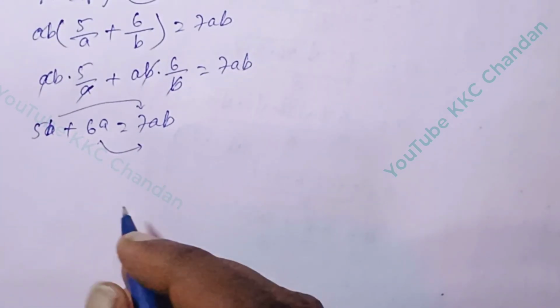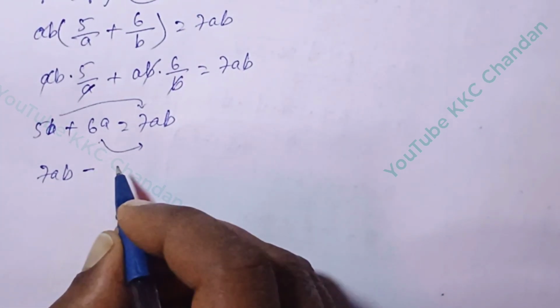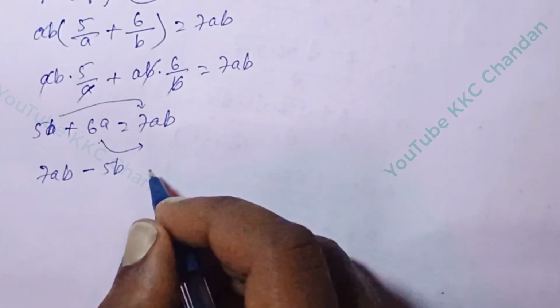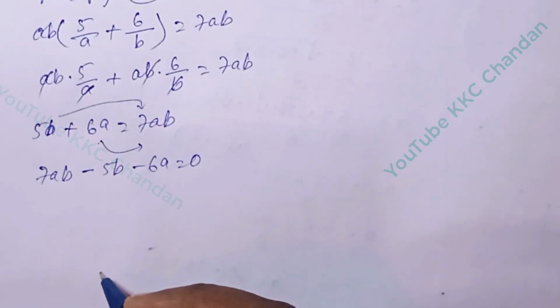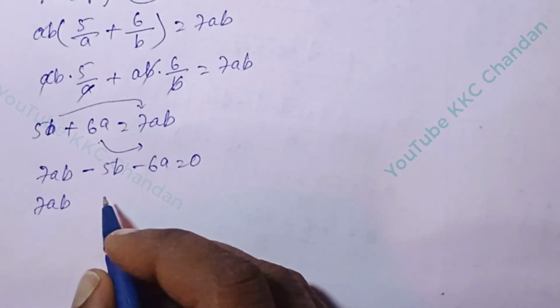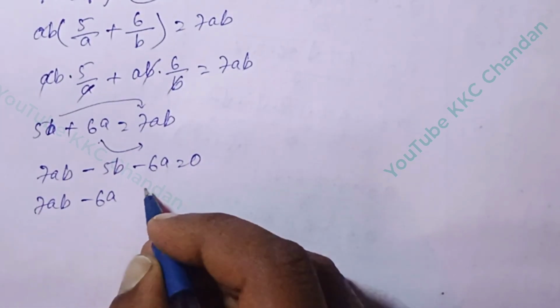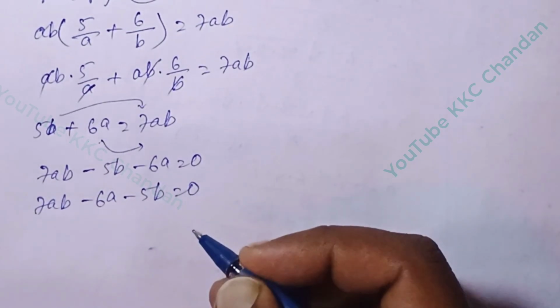So 7ab minus 5b minus 6a is equal to 0. Next step, 7ab minus 6a minus 5b is equal to 0.